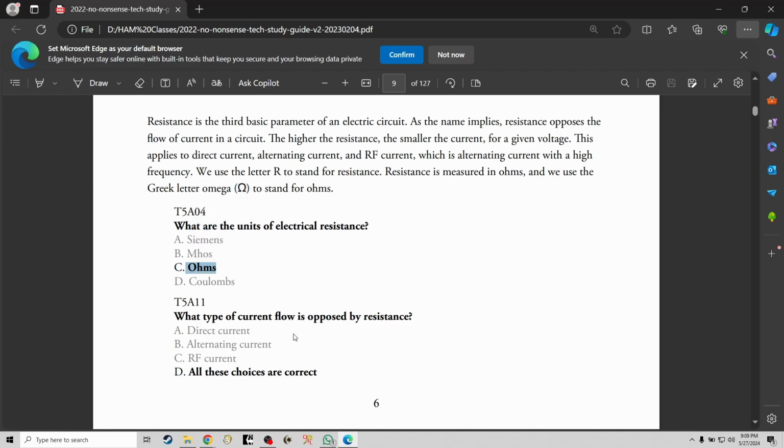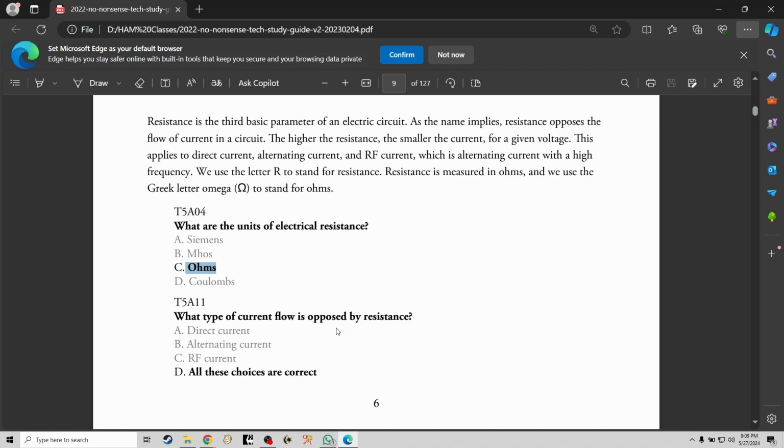What type of current flow is opposed by resistance? All of the above. DC current is opposed by resistance. AC, alternating current, is also opposed, and radio frequency current is also opposed by resistance.